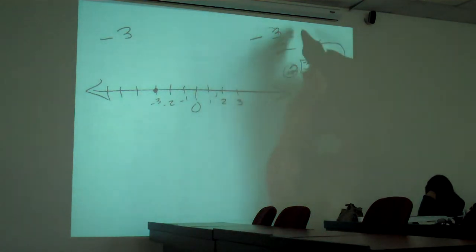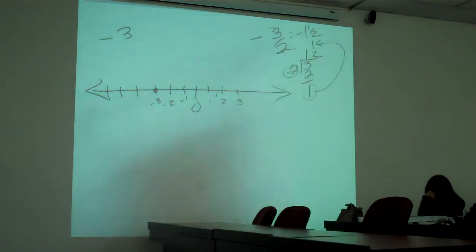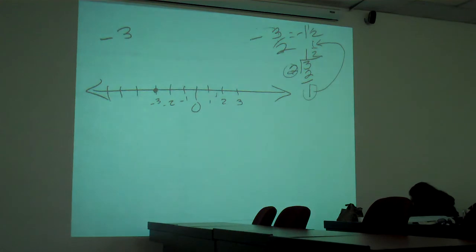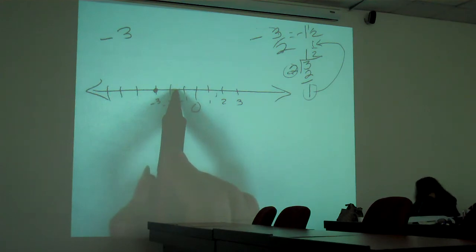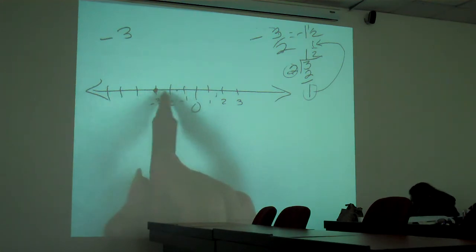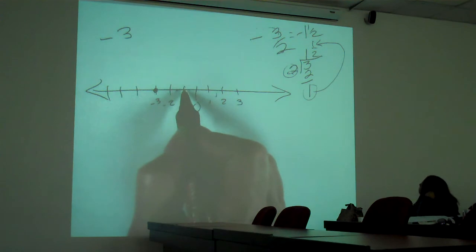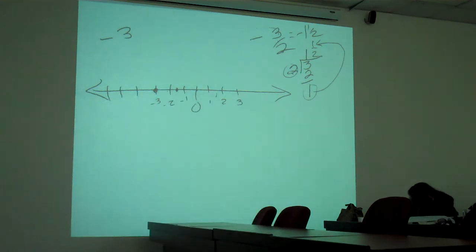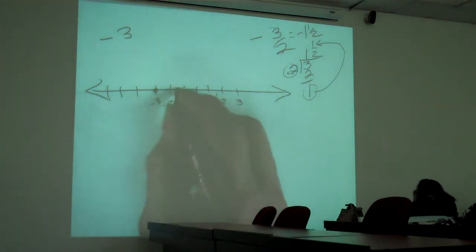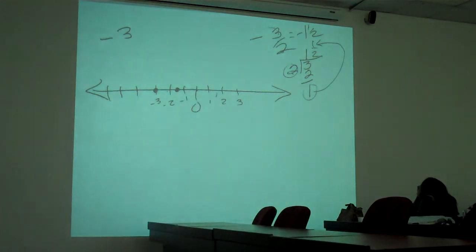So this is the same as -1.5. So where are we going to put this? We're going to put it about here? Okay. Because this would be 1, and going almost to 2, we're going to put it halfway between the -1 and the -2. That's -1.5.